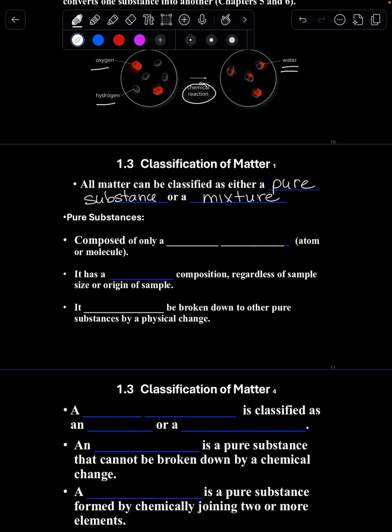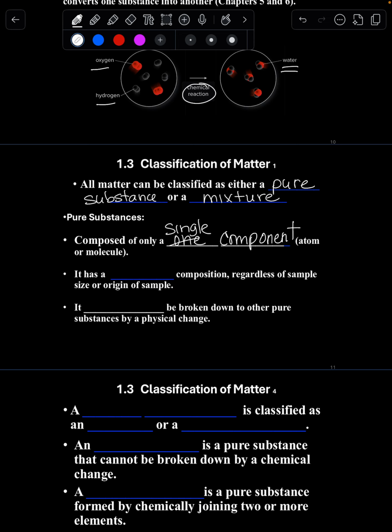A pure substance is composed of only a single component. That makes more sense. A single component, so composed of only one thing, basically. That could be a single type of atom or a single molecule. These would be considered pure substances.